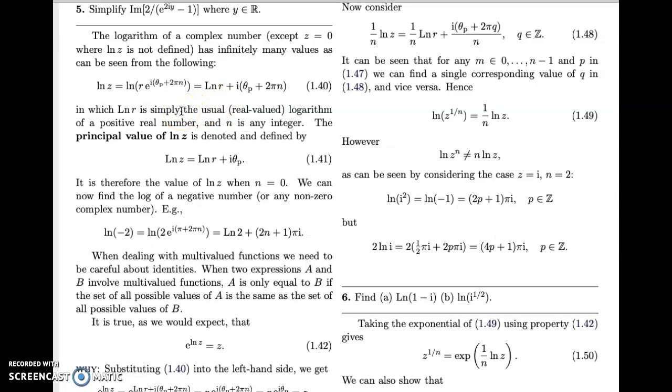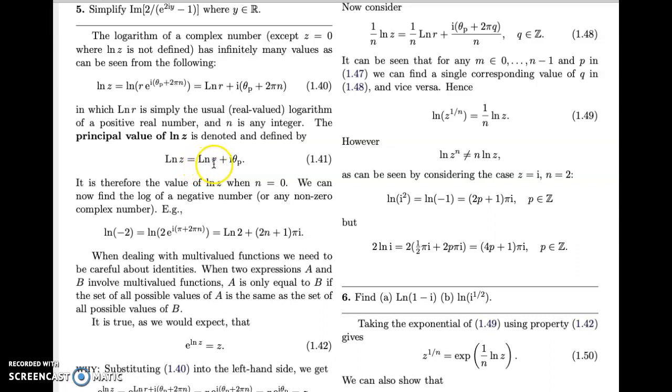So like with the argument, remember this is simply the argument, which we've said has lots of values. Theta p is the principal value of the argument. We talk about the principal value of log z, which is often denoted by a capital Ln. The principal value of log z is then defined and is a single-valued function.